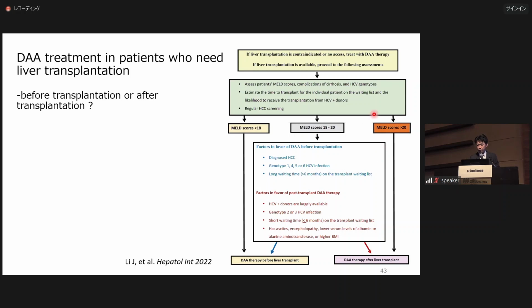And if the MELD score is more than 20, the DAA therapy should be done after liver transplant. And if the MELD score is between 18 and 20, these factors should be considered: diagnosed HCC, genotype of HCV, and waiting time.